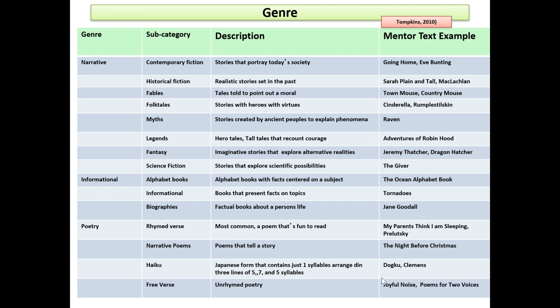One of my favorite book series is The Hunger Games, and it falls under the science fiction narrative subcategory. The example here under mentor text for science fiction, The Giver, is also a super, super good book. It's very interesting, very high level thinking for a kid to read this book. It has to do with life and death.